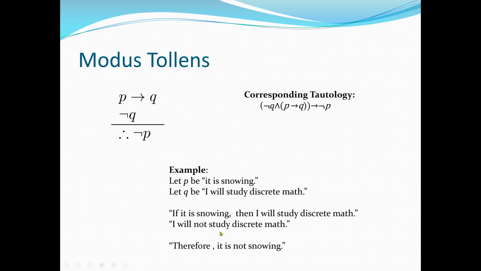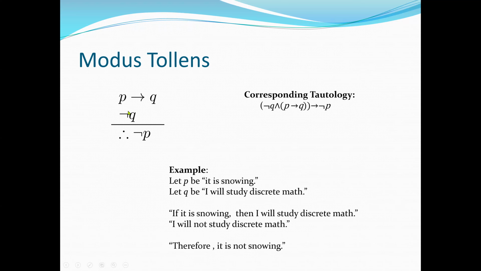So I will not study discrete mathematics only if it's not what? It's not snowing, because we say P implies Q. If P implies Q and P is, it is snowing, then Q, I will study discrete mathematics. I will not study discrete mathematics, therefore that means it's not snowing.